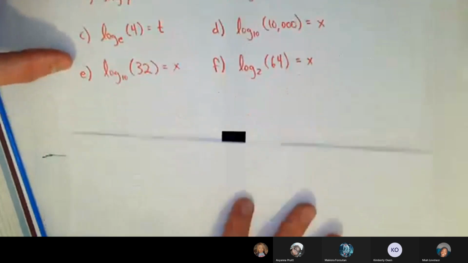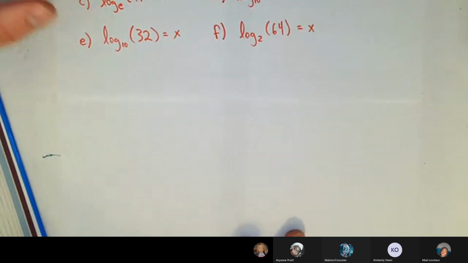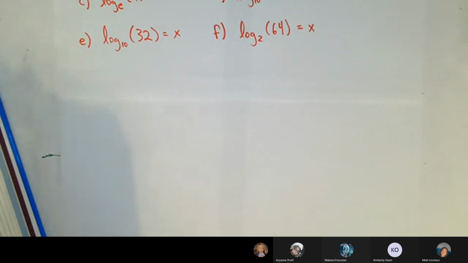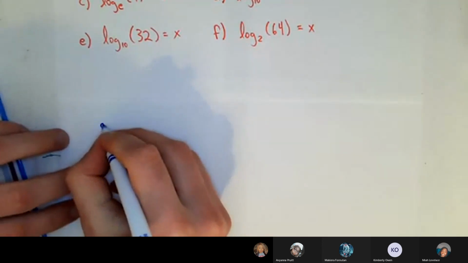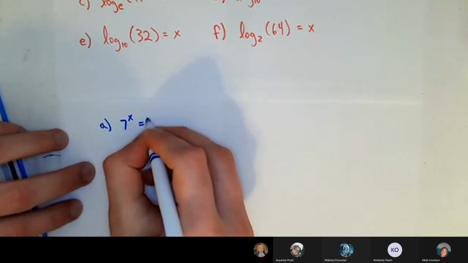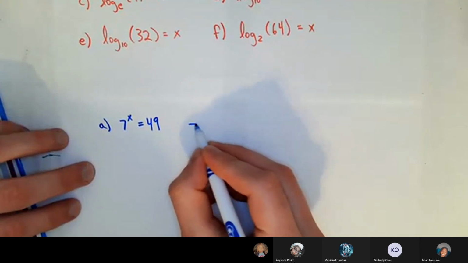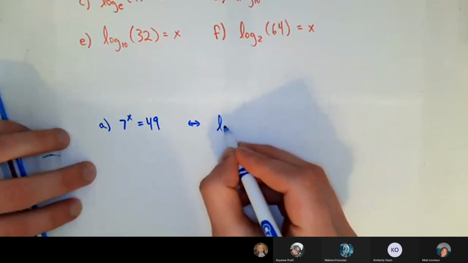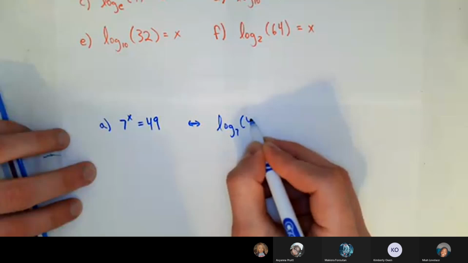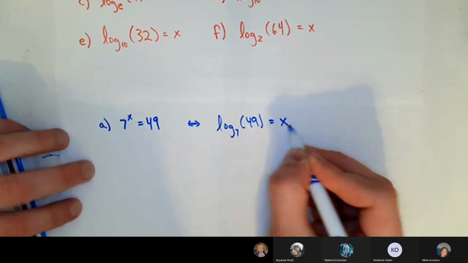Let's look at part A again and interpret it in a different way. Part A said that 7 to the x equals 49, and that can be rewritten as log base 7 of 49 is equal to x.